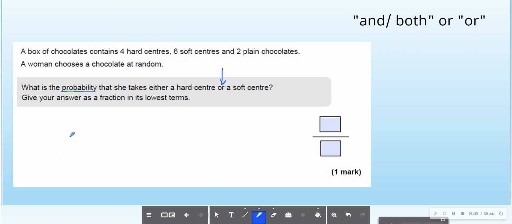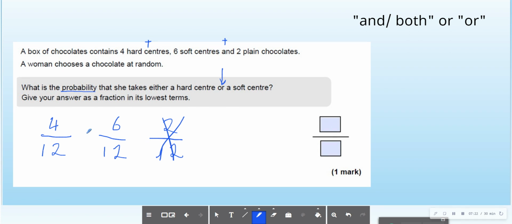Okay, so the first thing we need to do is work out all the probabilities. So for hard, it's 4, soft is 6, plain is 2, and the bottom number is always the total. So 4 plus 6 plus 2, which is 12. The bottom number is always going to be 12. So we want a hard center or a soft center, so we can forget this one altogether.